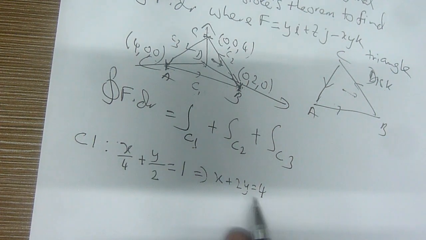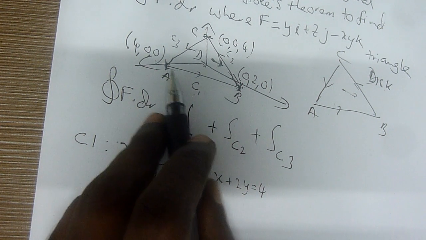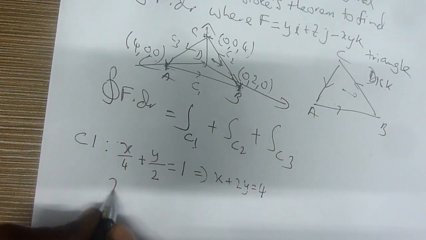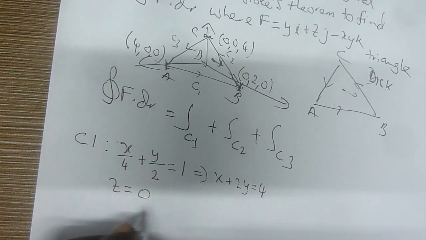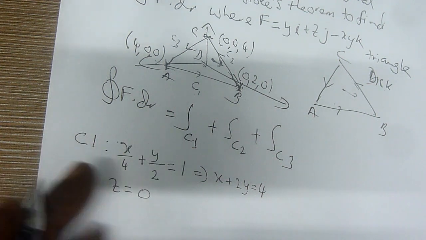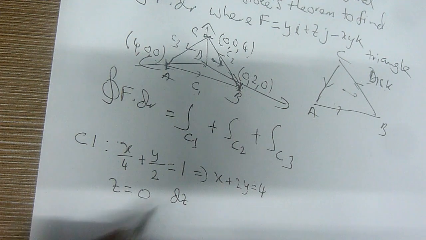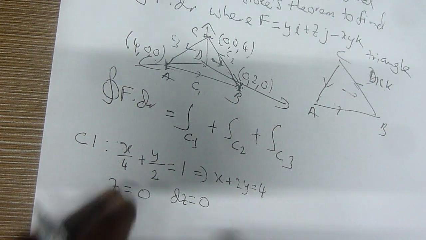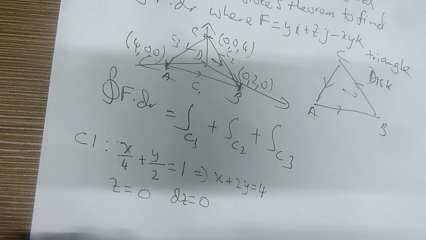I'm coaching you on this. At this particular moment z is 0. Therefore our concern is, k is not there anymore, that means dz is, of course, 0. You no need to calculate so much on the z part.